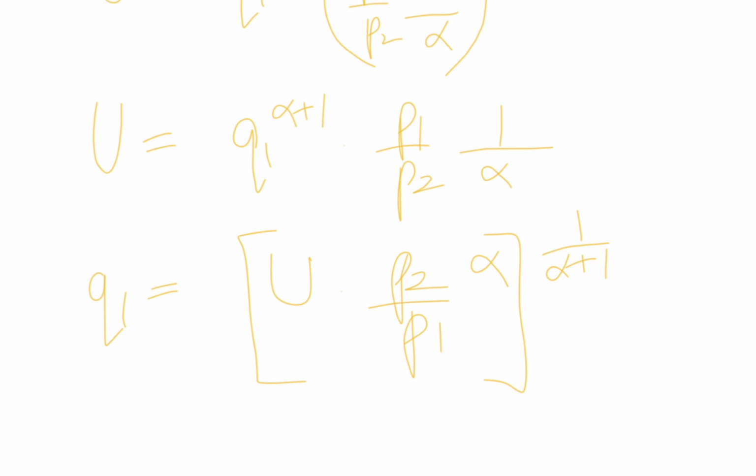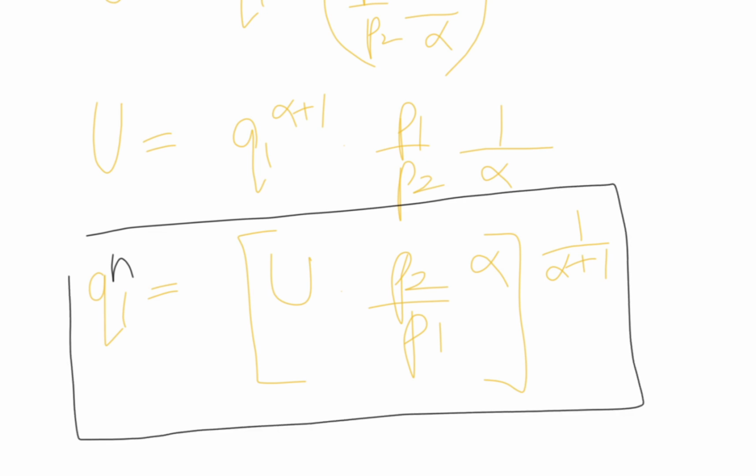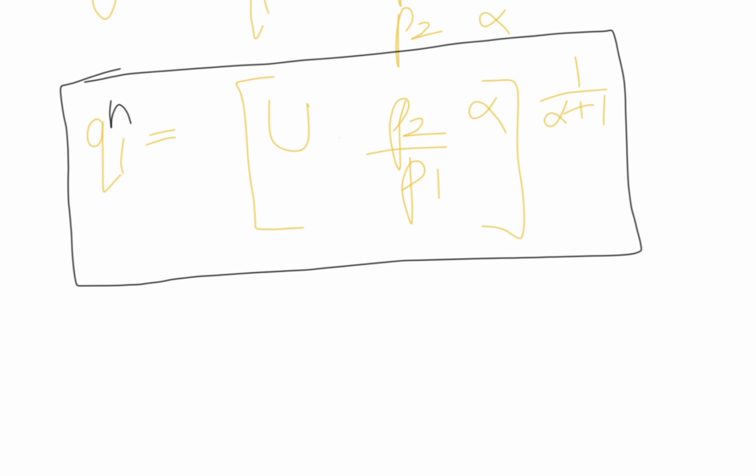Now we have the compensated demand function for the first commodity. That's denoted here. You can see the compensated demand function is a function of utility and prices, unlike the Marshallian demand function, which is a function of prices and income.